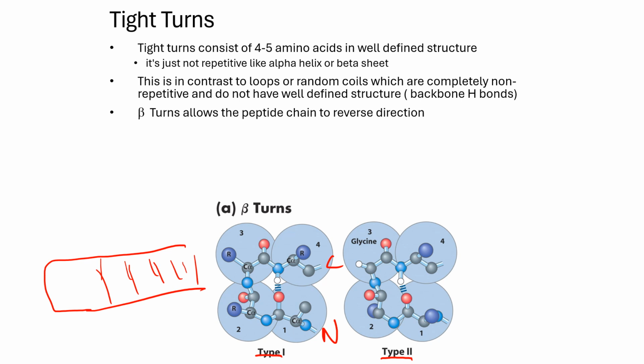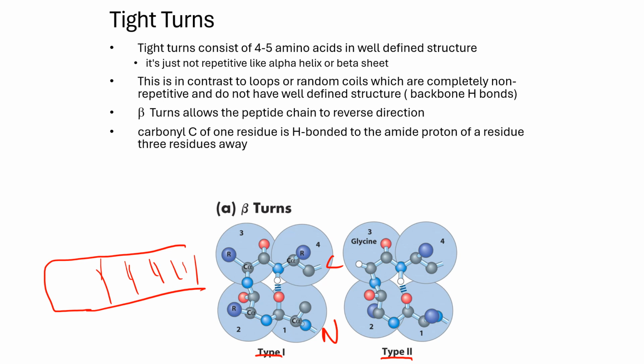The difference between these two different turns: a carbonyl carbon on one residue is hydrogen bonded to the amide proton of a residue 3 residues away, which is what we see right here in our type 1 and our type 2.